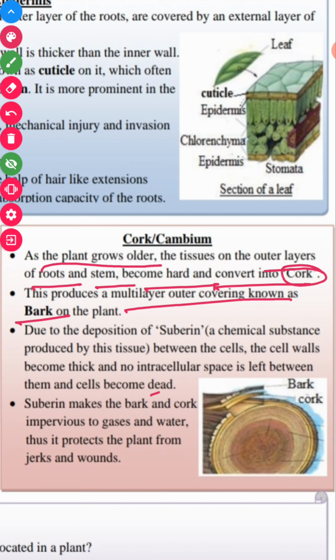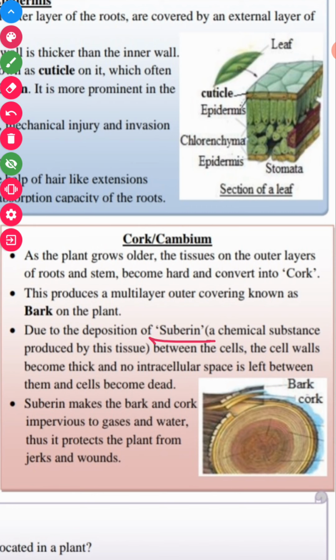Due to the deposition of suberin, a chemical substance produced by the tissue between these cells, the cell wall becomes thick and no intercellular spaces are left between them. The cells become thick and ultimately dead.